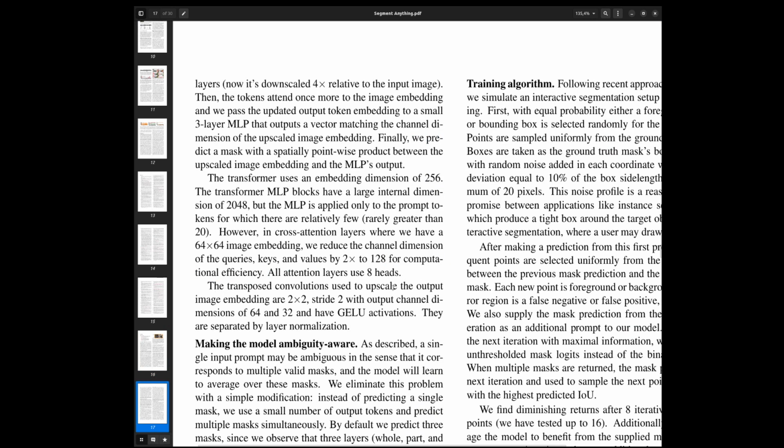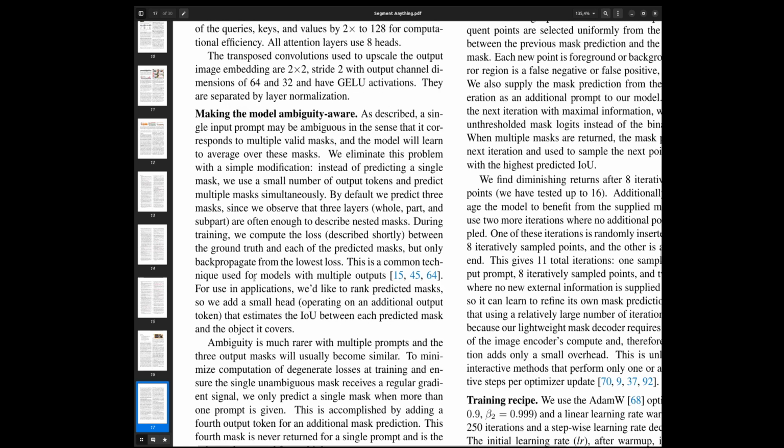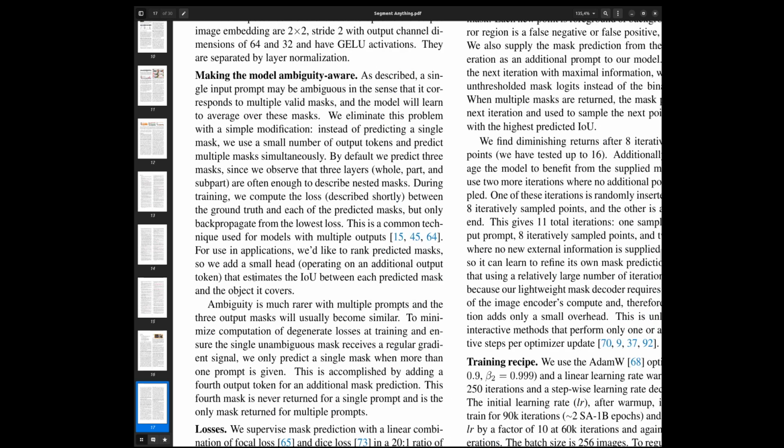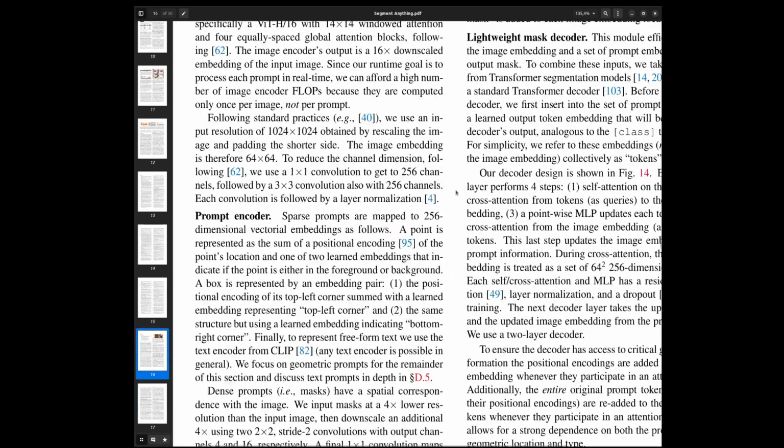The transposed convolutions used to upscale the output image embedding are 2 by 2, stride 2, with output channel dimensions 64 and 32, and have GELU activations. They are separated by layer normalization. Okay. Now this is interesting: how do they make the model ambiguity-aware, I guess?